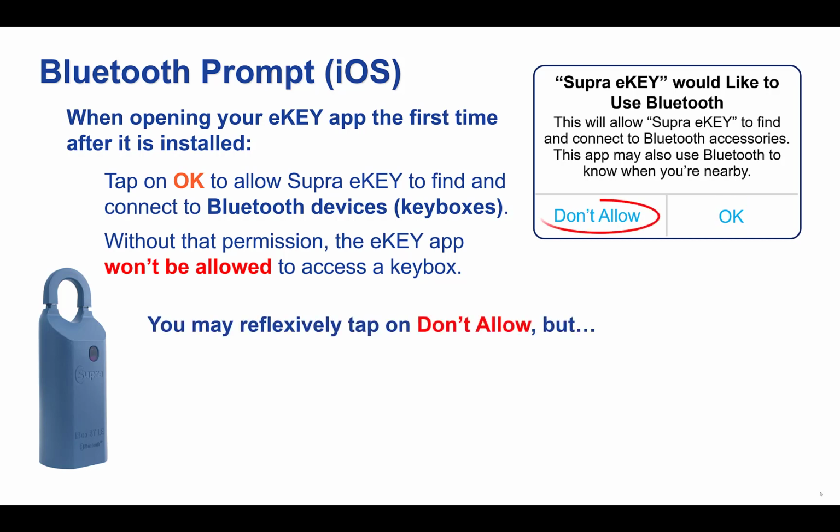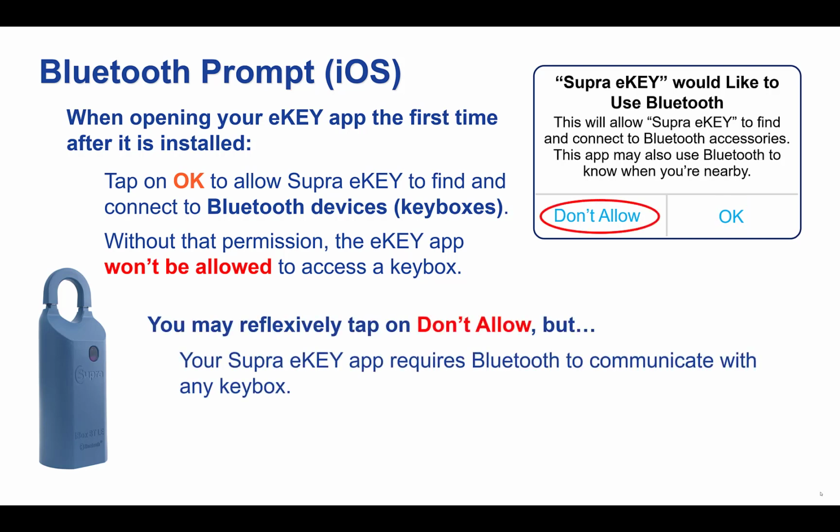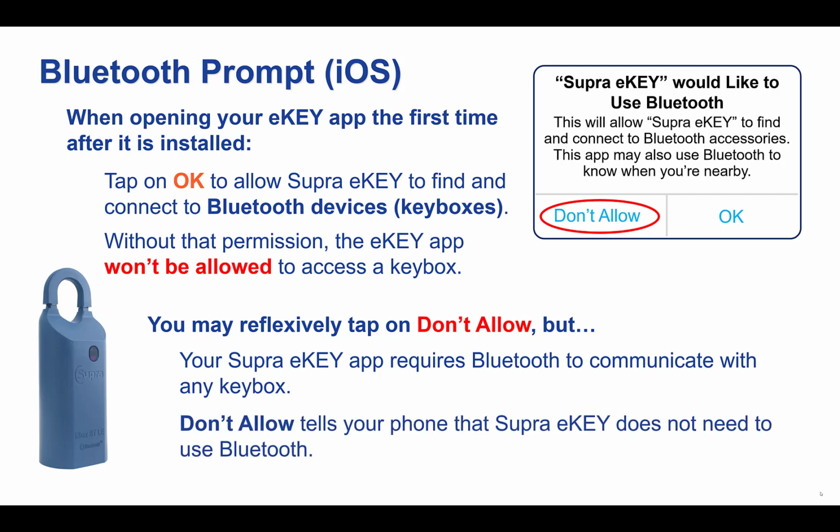So if you've reflexively tapped on Don't Allow, then your eKey app is not going to be able to communicate with any Bluetooth devices, which includes the keyboxes. Don't Allow tells your phone that Super eKey does not need to use Bluetooth.